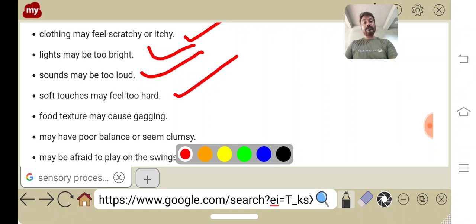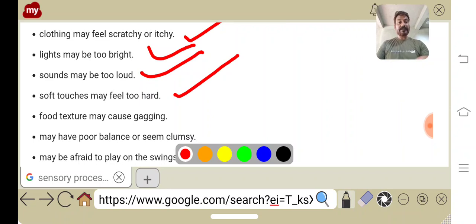Soft touches may feel too hard. This is also a kind of sensory processing disorder, that we are touching the person very gently, very comfortably, but he can complain, what are you doing? Food texture may cause gagging. Have you seen a person drinking milk and complaining, my god, it is not good, there is something in it? So this kind of complaint can come. May have poor balance or seem clumsy.